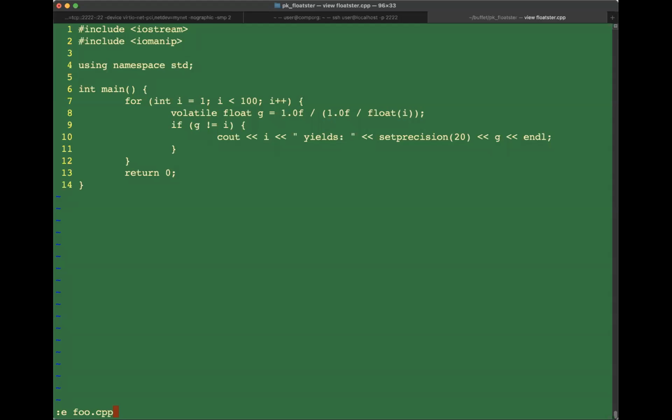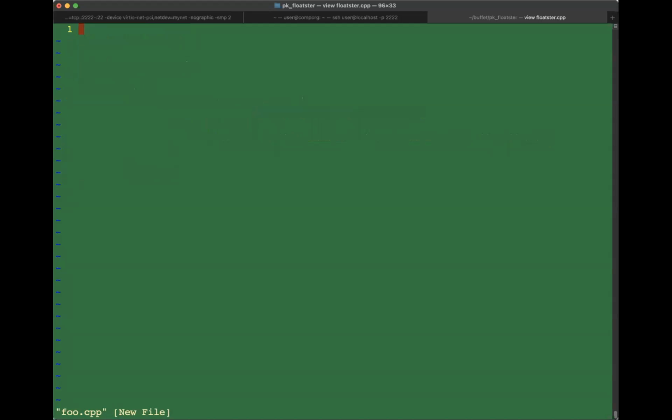Yet we have this gentleman's agreement, okay? That volatile means certain things in certain circumstances. Let me demonstrate for you. Okay, so here's one use of the word volatile.